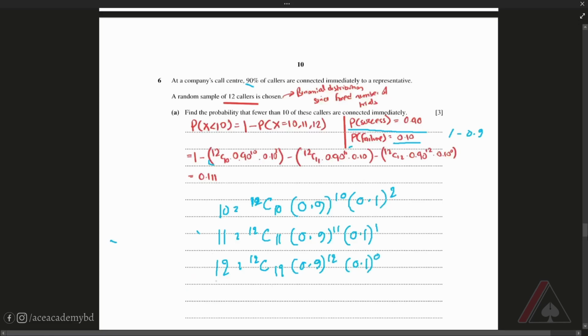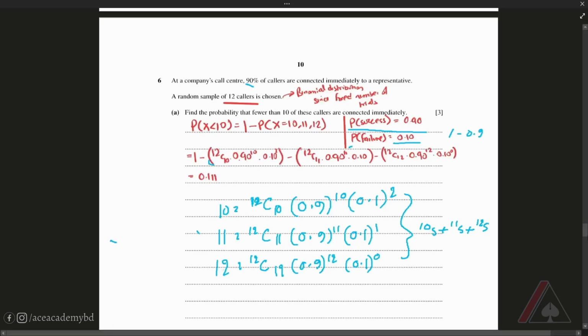Now what we could do is add these: 10 successful plus 11 successful plus 12 successful. Adding these gives the probability that 10 or more callers were connected successfully.